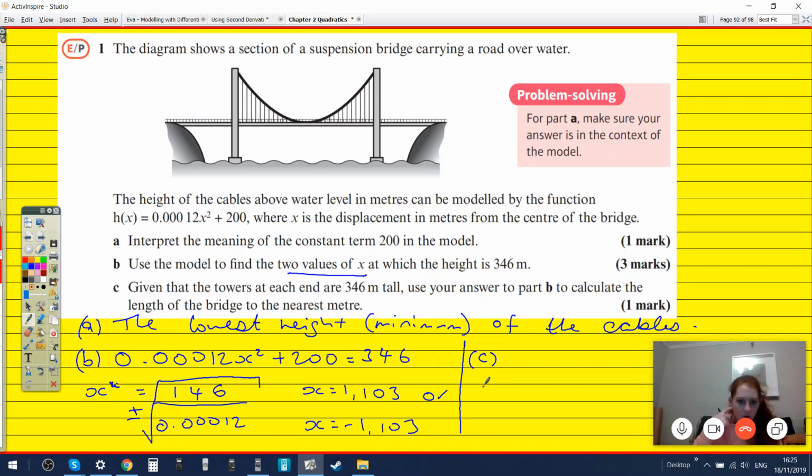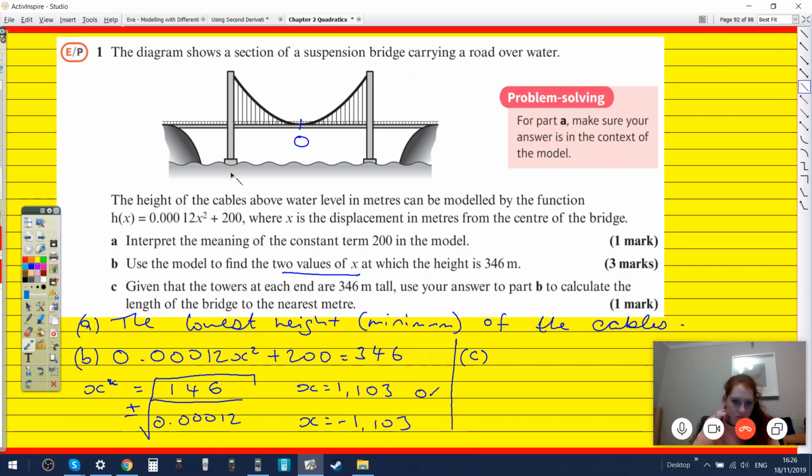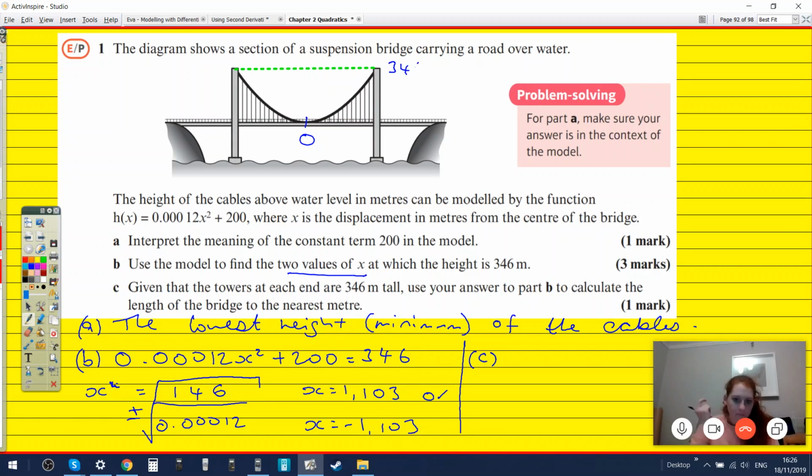Are we solving it for when the height is... I'm not quite sure. So you've got 0 in the middle. Well, part C told us that the towers at each end are 346 high. So that there has a height of 346.